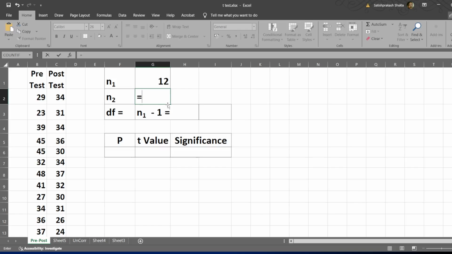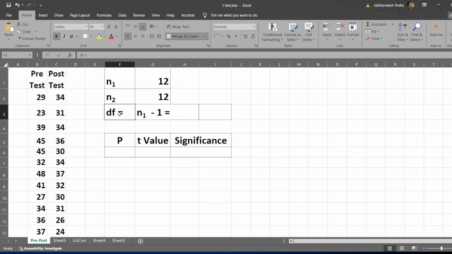For that, we start with equal sign, then write count and data range C2 to C13, then bracket over and enter key. This is also 12.